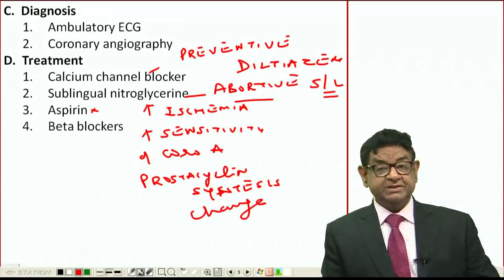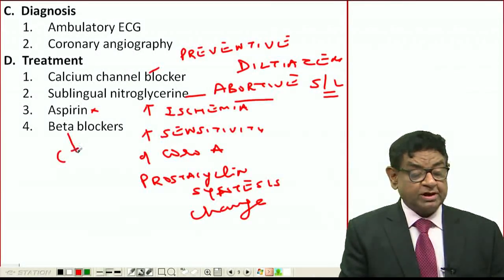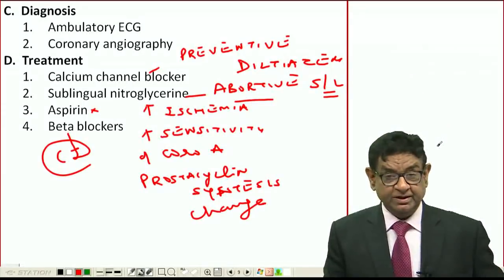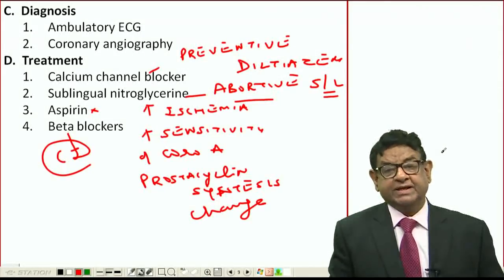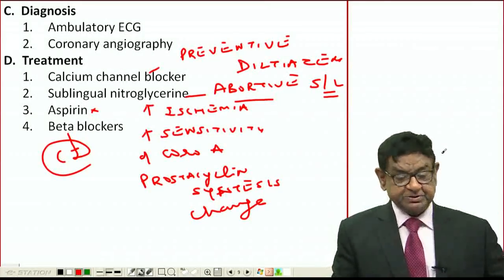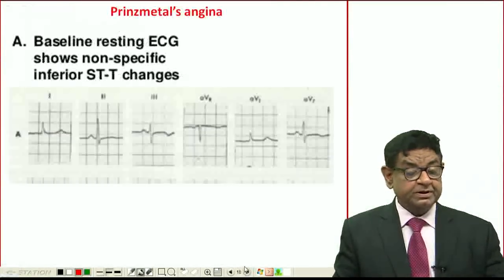Similarly, beta blockers are contraindicated. They should not be given. So aspirin should be avoided in Prinzmetal angina, and even beta blockers are contraindicated because they can precipitate vasospasm. Okay, I hope things are clear to you.